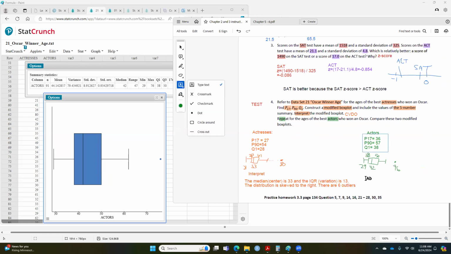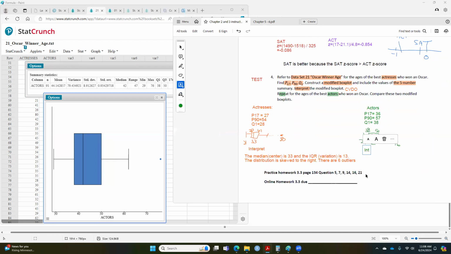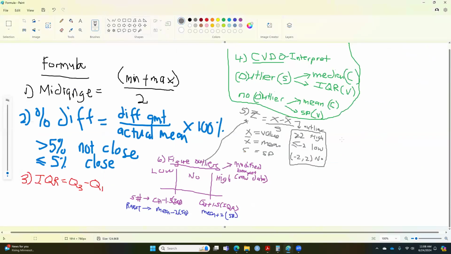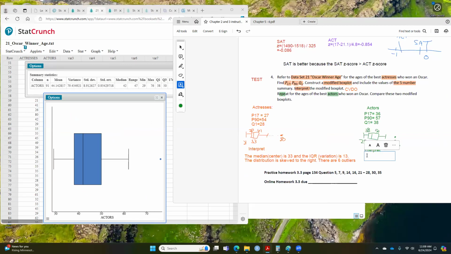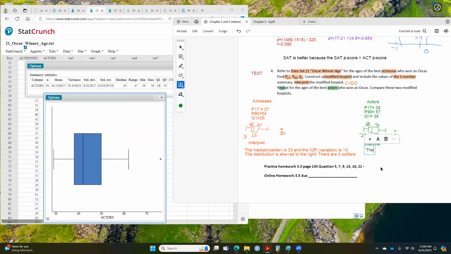And now we have to interpret this box plot here. Again, how do we interpret CVDO? Since the box plot here does have outliers, we're still going to use the median and the IQR. For this case, the median is right over here, 42, which is the center in this case.